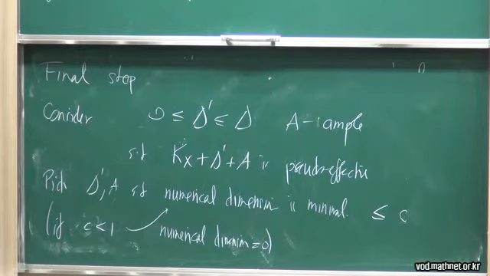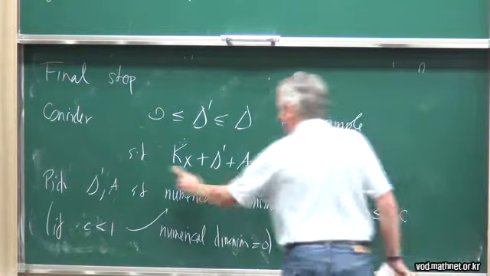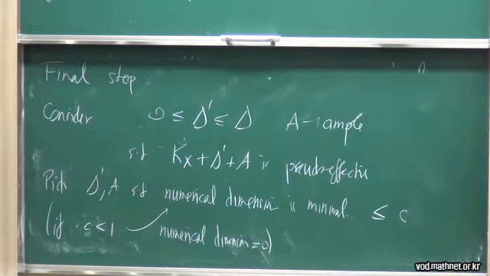And then the whole point is that you run the MMP. So you start with this guy, which is pseudo-effective. It has a minimal model.